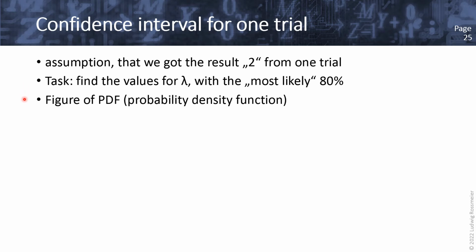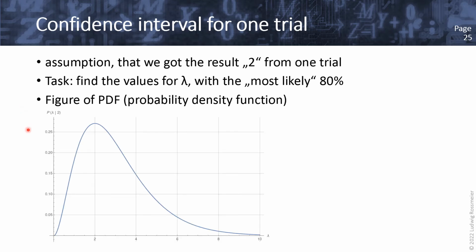I will put here the figure of a probability density function. This is created from the formula from the previous slide. You see here, that's the probability density function. That means it's continuous now. On the x-axis, we have the values of lambda.